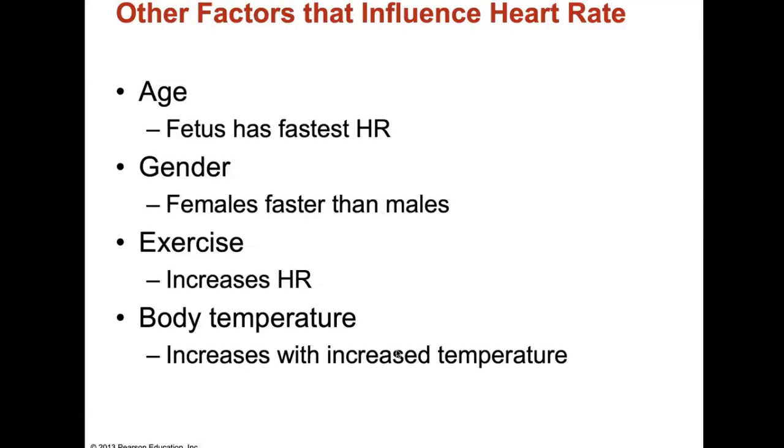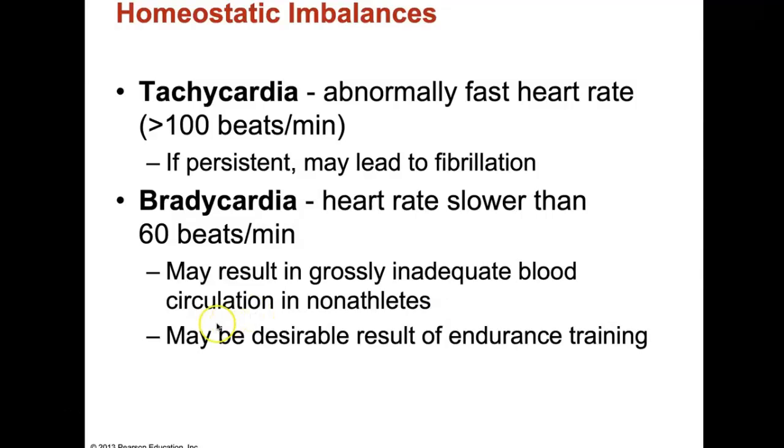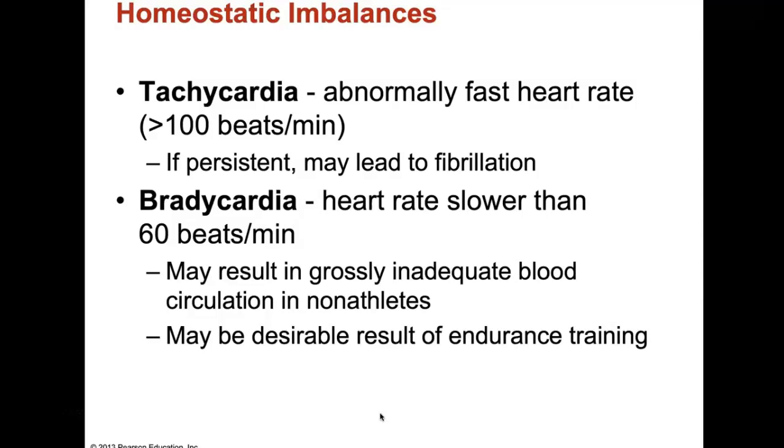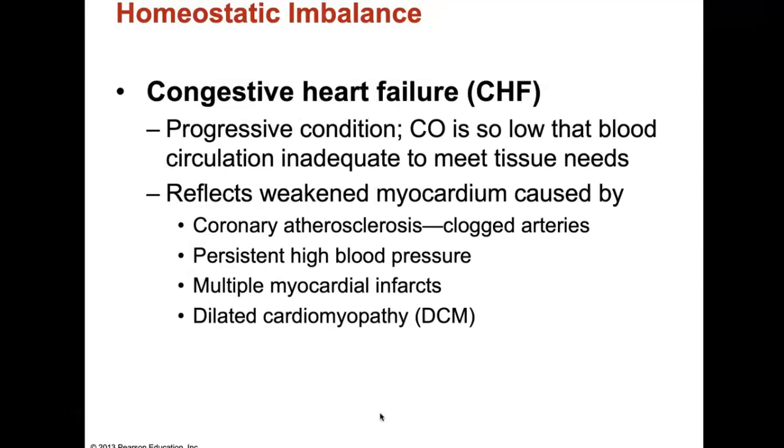On the other hand, you can also have bradycardia, which is a slow heart rate. So this is slower than 60 beats per minute, and it may result from low body temperature, certain drugs, or sympathetic nervous activation.